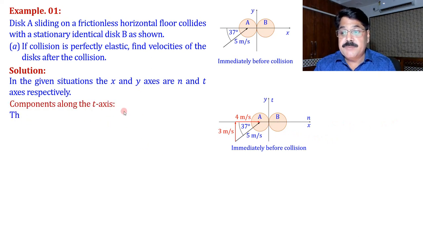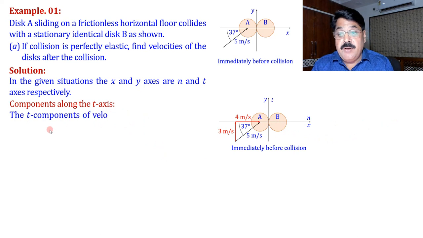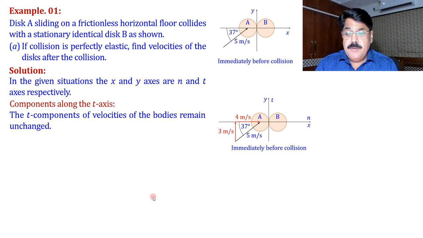Components along the t-axis. The t components of velocities of the bodies remain unchanged. So what can we write about the tangential components? VAY is equal to 3. VAY is the tangential component of velocity of disc A after the collision. And what about disc B?